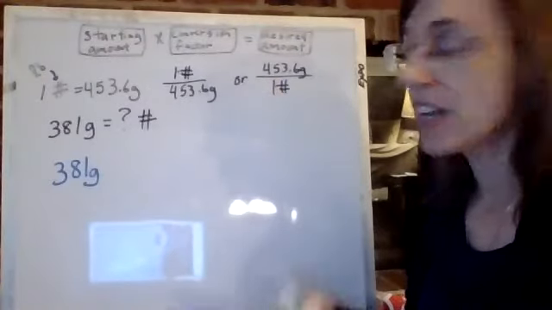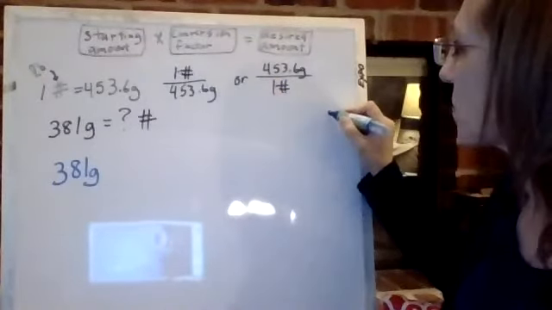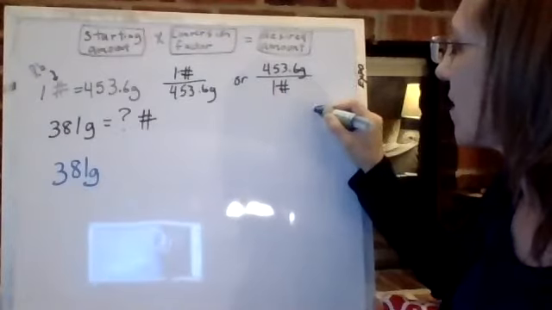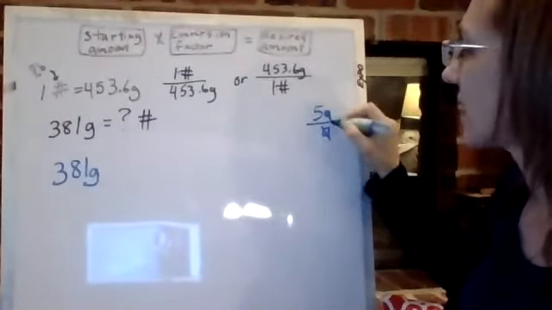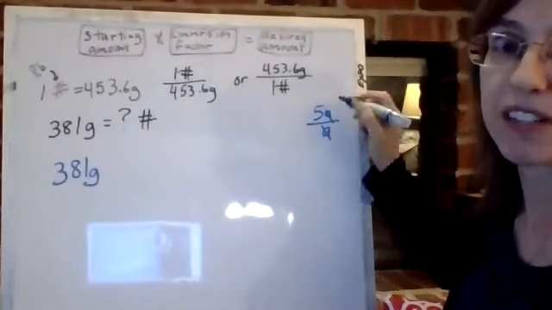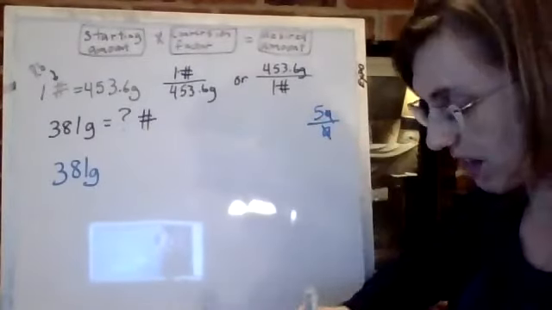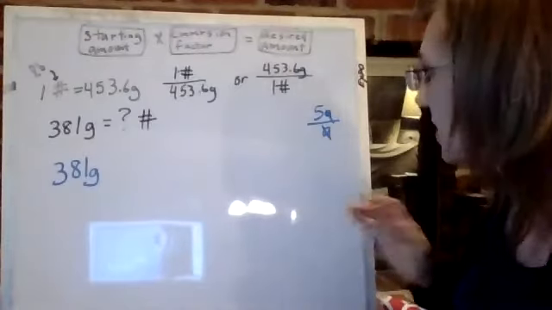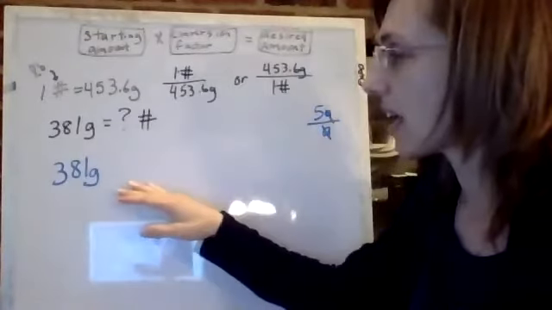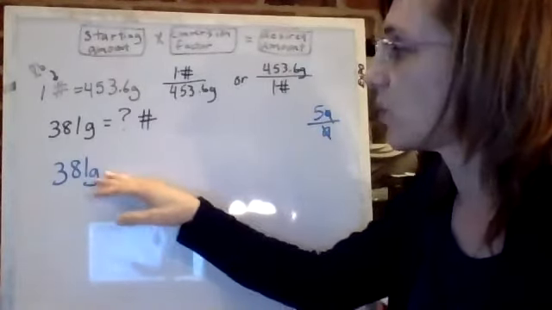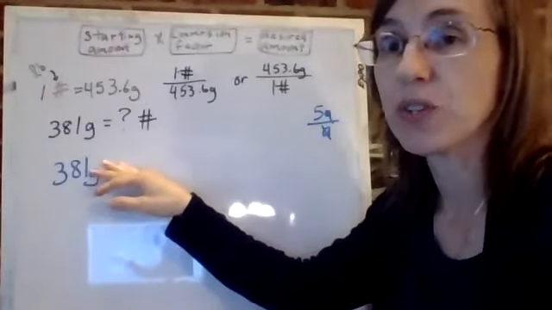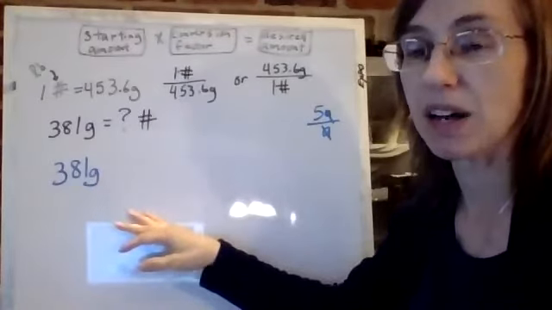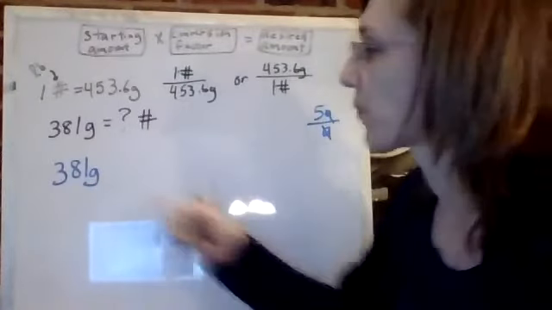And we know that if we have, for example, an algebra problem, if we have 5a over a, the a's can cancel out, right? Same thing on the top, same thing on the bottom, they can cancel out. Well, we're going to do the exact same thing, and we are going to use the units and keep them in our problem. And if the unit is on the top and the unit is on the bottom, they will actually cancel out.